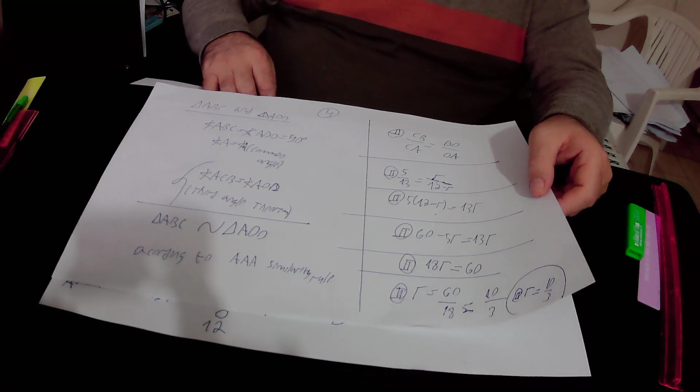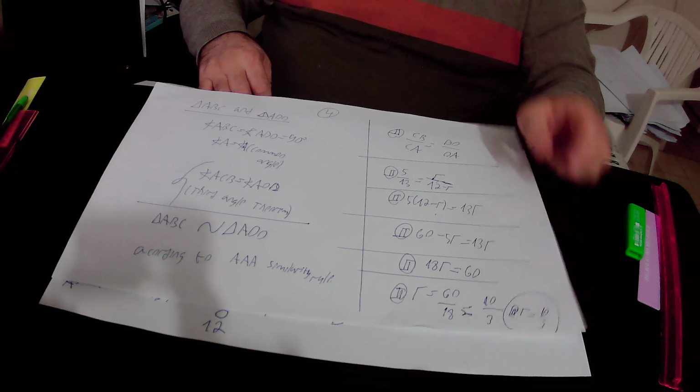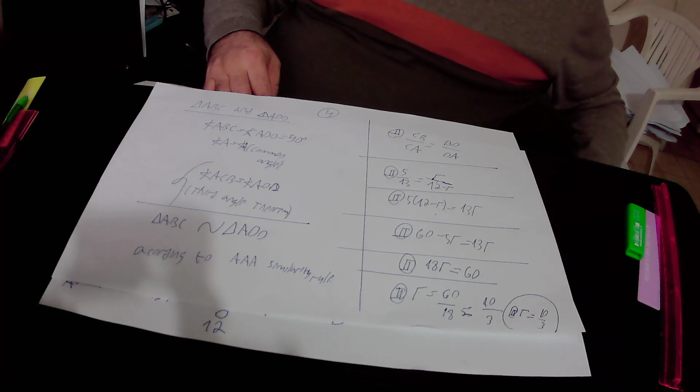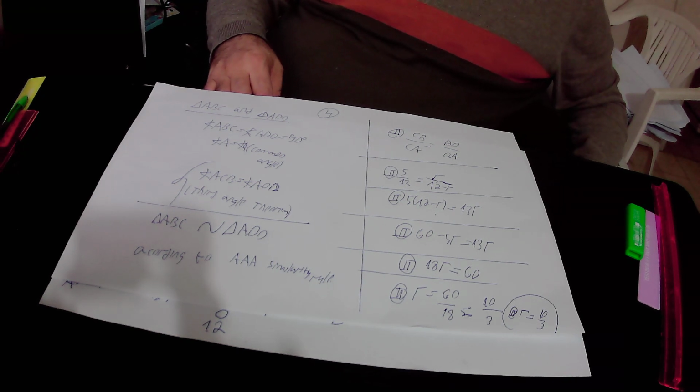And what is the angle similarity rule? If all the angles inside one triangle are equal to all the angles in another triangle, then those two triangles are similar to each other according to the angle similarity rule.